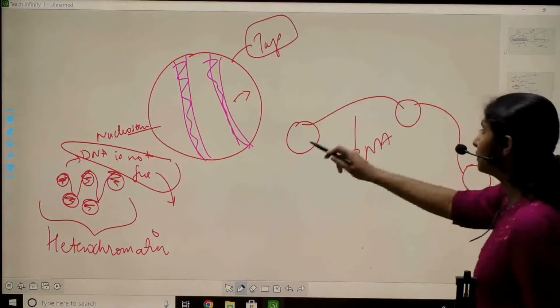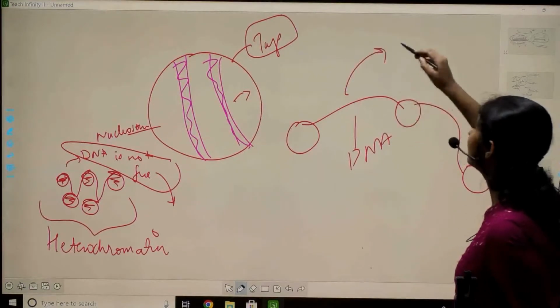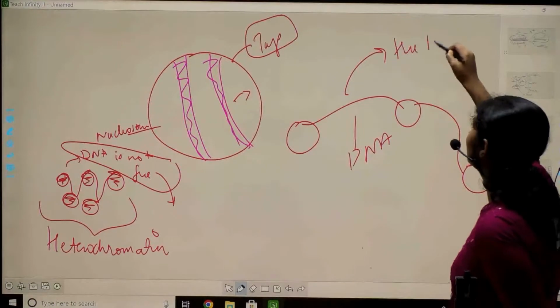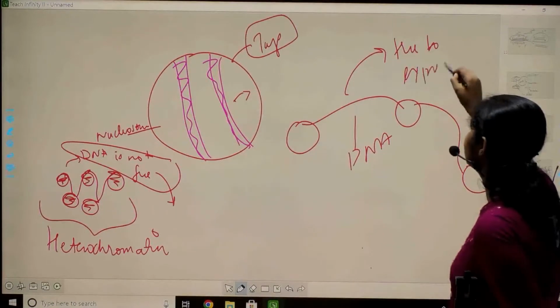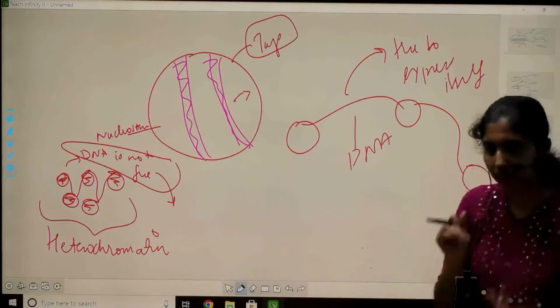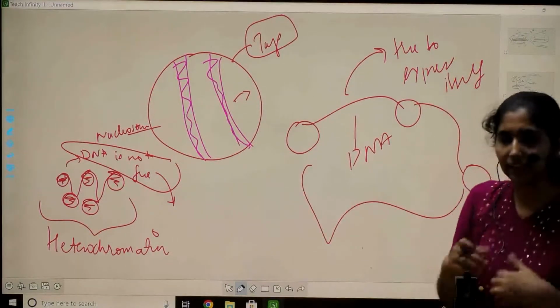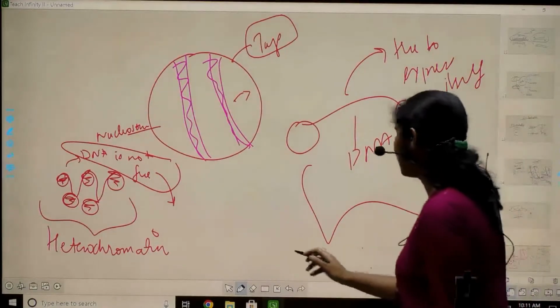So here what we see is DNA is loosely packed. So the DNA is free to express itself. So here translation, transcription, everything would be occurring. So such type of DNA that is not packed very tightly and can express itself is known as euchromatin.